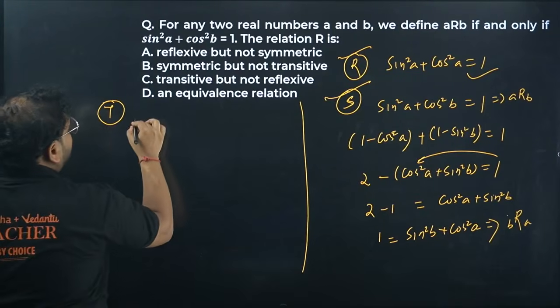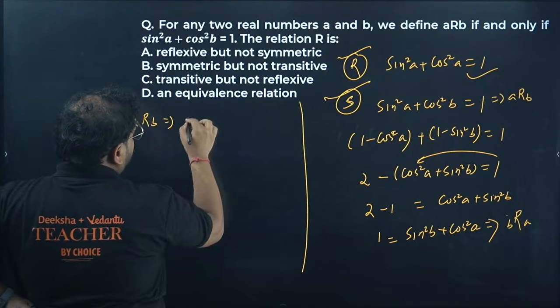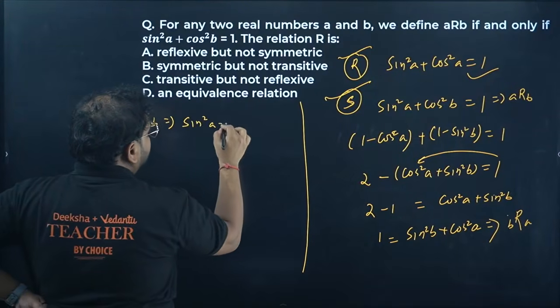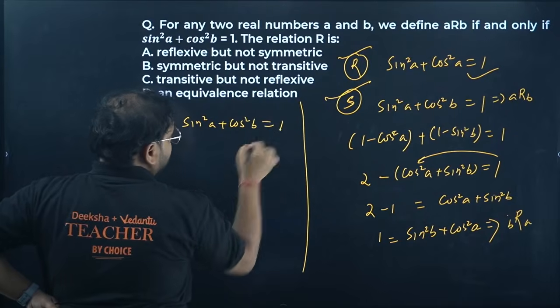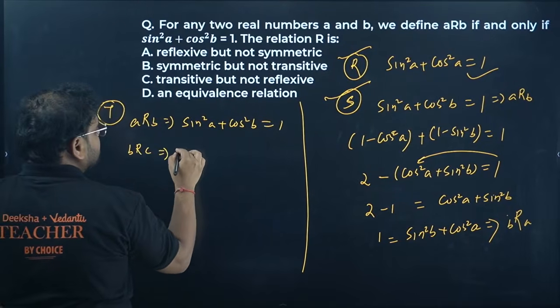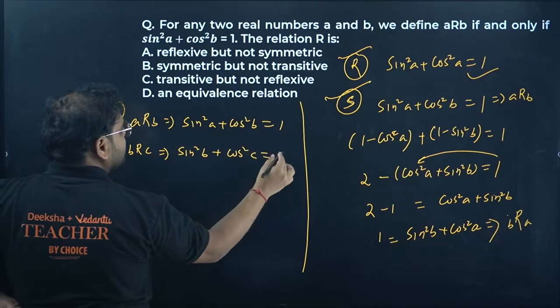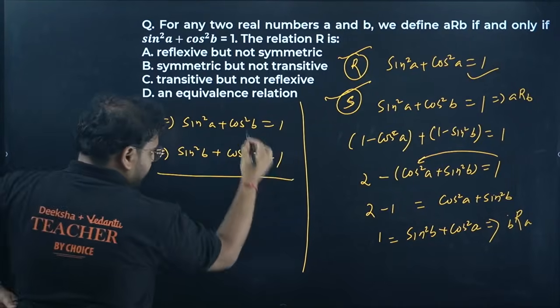So we have to go with ARB first. This will come out as sin square A plus cos square B equals 1. Continue. BRC, so sin square B plus cos square C should be equal to 1. Add these.